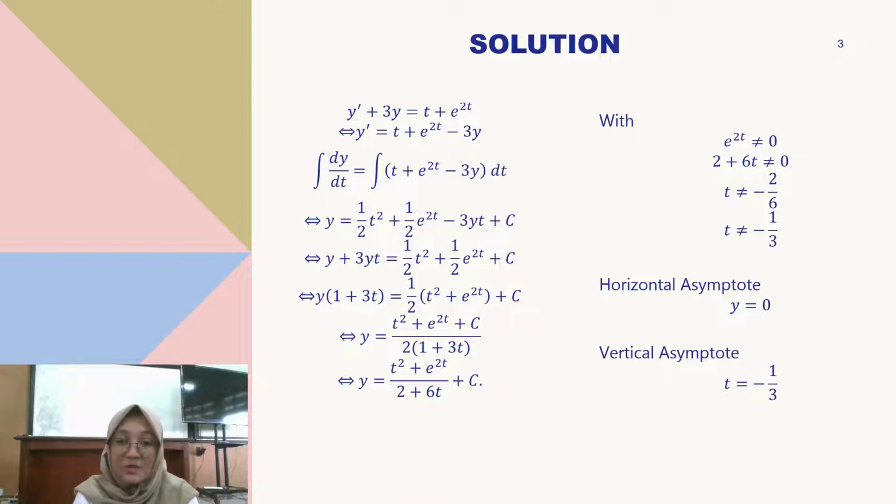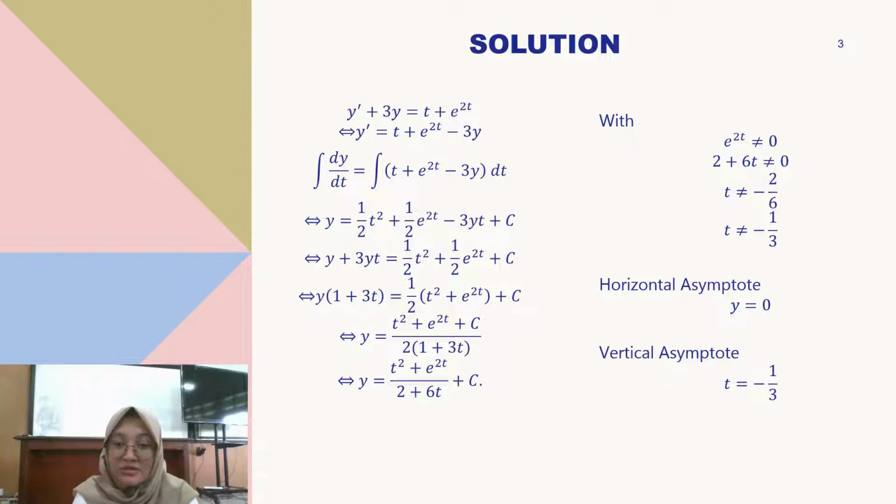Then it becomes y equals t squared plus e to the power of 2t plus c over 2 times 1 plus 3t. Then y equals t squared plus e to the power of 2t plus c over 2 plus 6t, with e to the power of 2t not equal to 0.